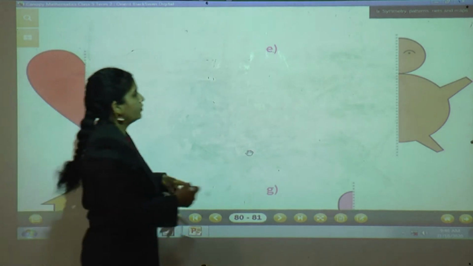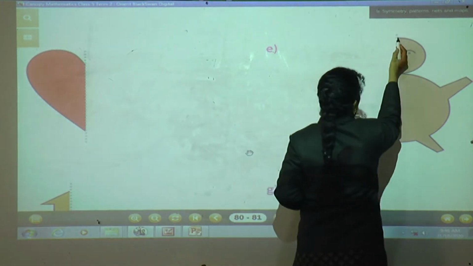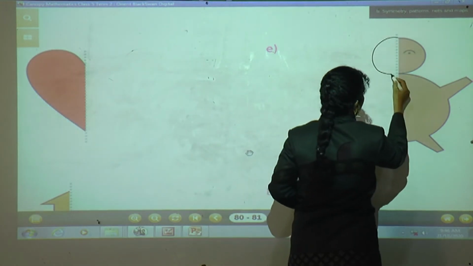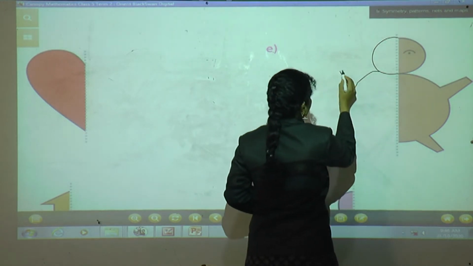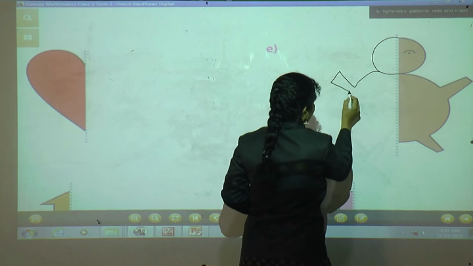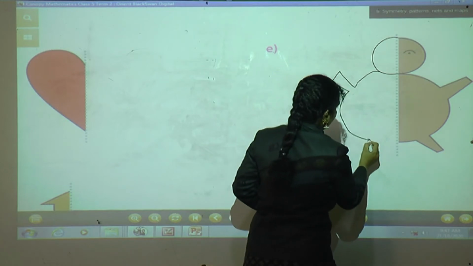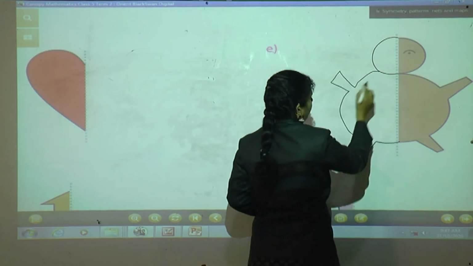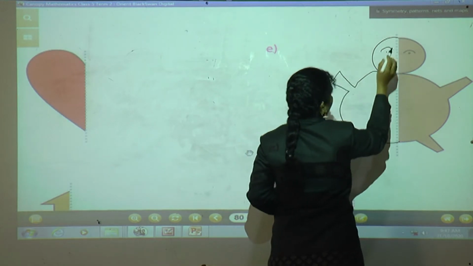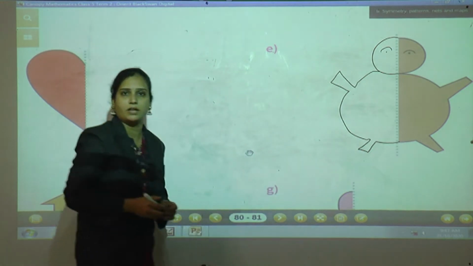You can draw here so the figure will complete, and you can color it.